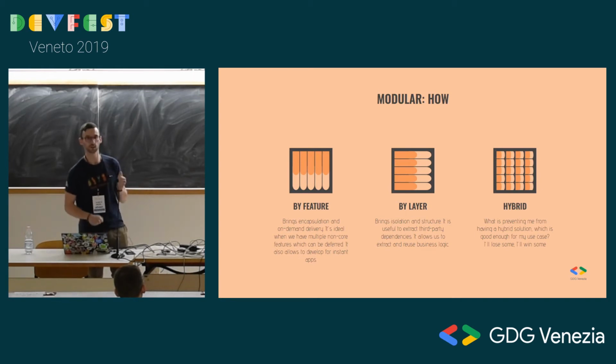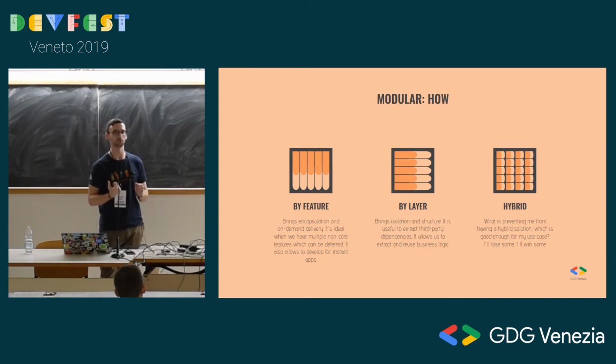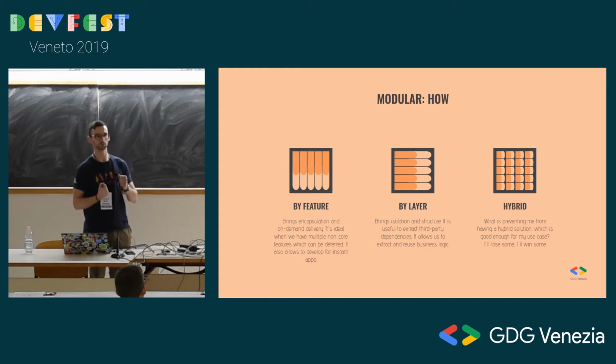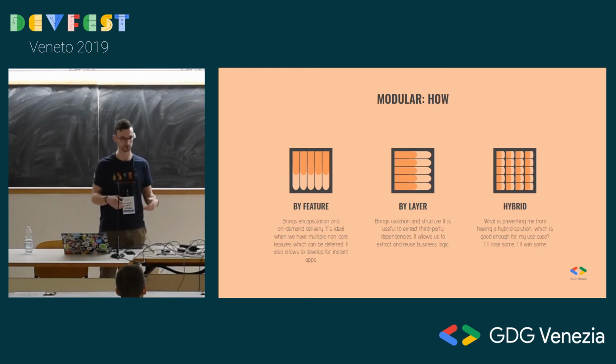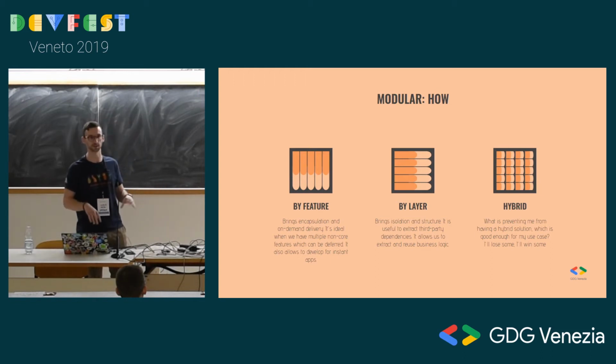So why not think about a hybrid approach? Why don't we try to have a vertical slicing, keeping the advantages of having separated features, but also introducing a nice architecture inside each feature?